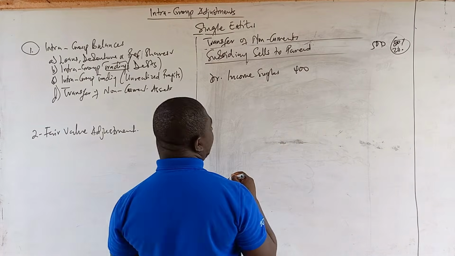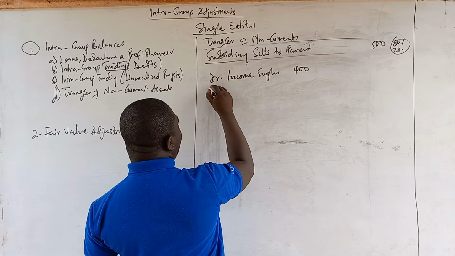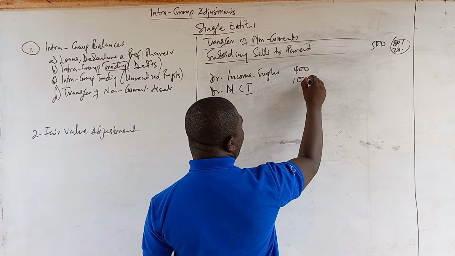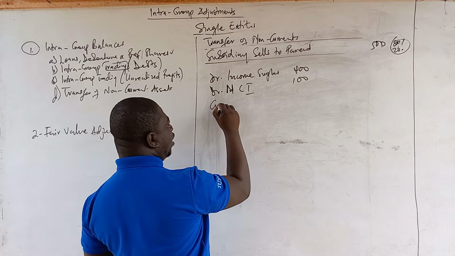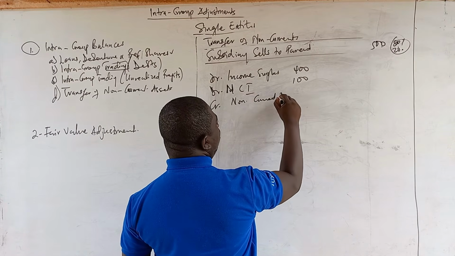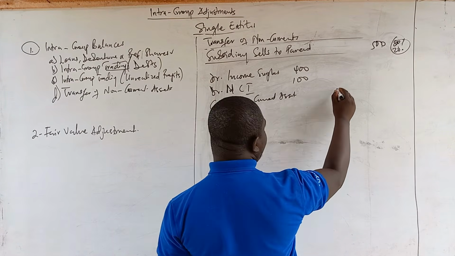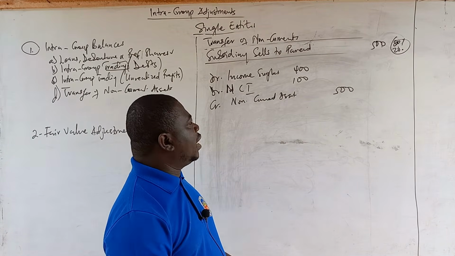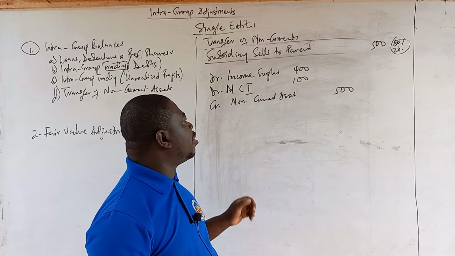So we'll debit income surplus with 400, and then we debit the non-controlling interest, NCI, with 100, so that we can credit the non-current assets, which is the PPE, with 500. So this is how it's going to be when it is the subsidiary that is selling to the parent.